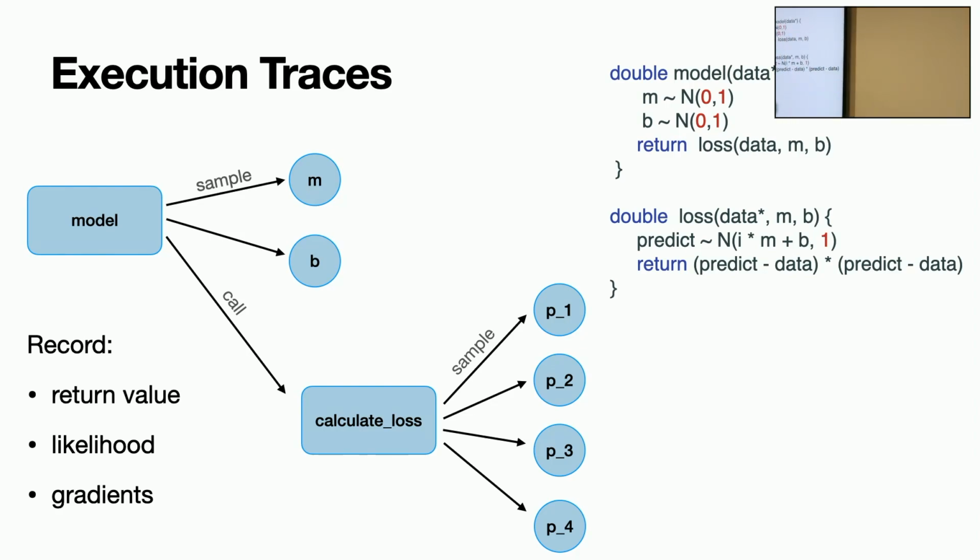So in our trace, we would first record that we called model. Then we would record each sample we sampled, which would entail the likelihood of that sample and the actual sampled value. We do that for every random variable, and we also record calls in our trace and do the same for those. And we'll also be able to record gradients soon.